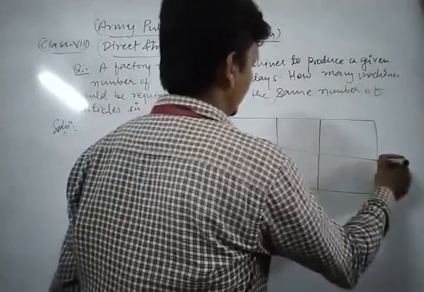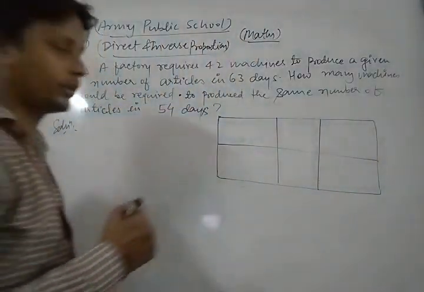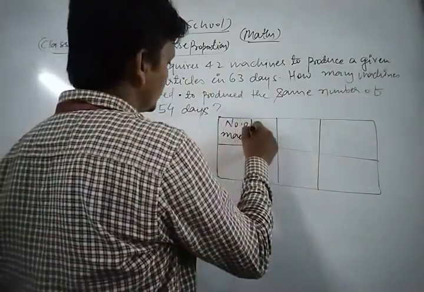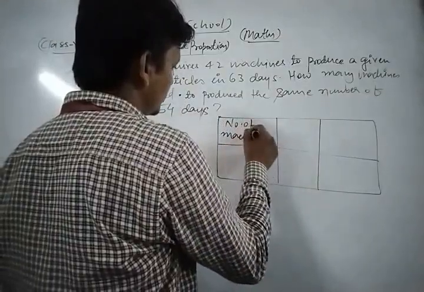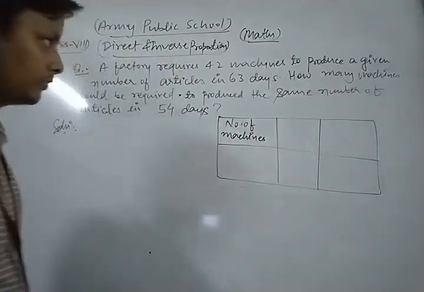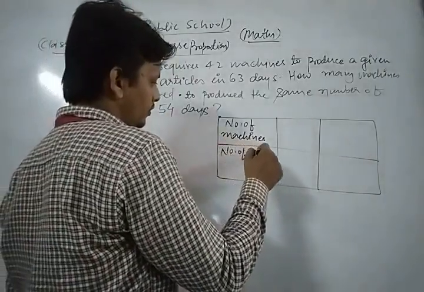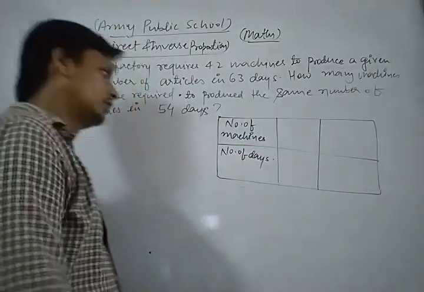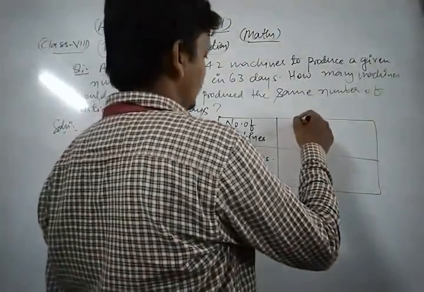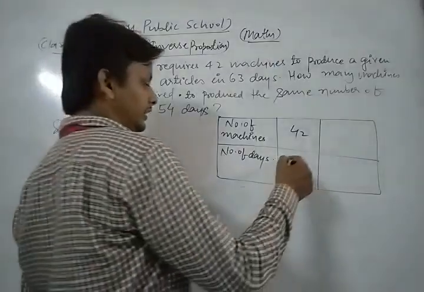On one side we write the number of machines, and in the next column we write the number of days. Now, there are 42 machines that produce a given number of articles in 63 days.